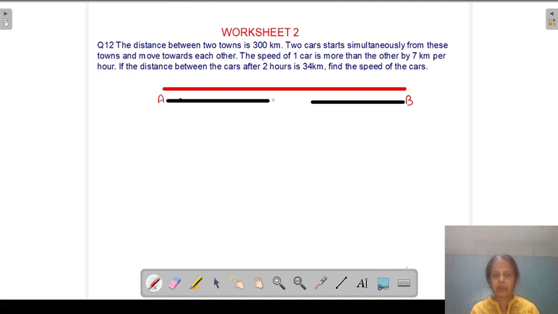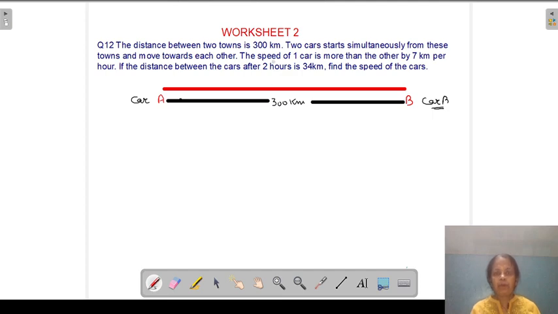According to the question, two cars start simultaneously from these towns. So one car we can take as car A, and another car as car B.